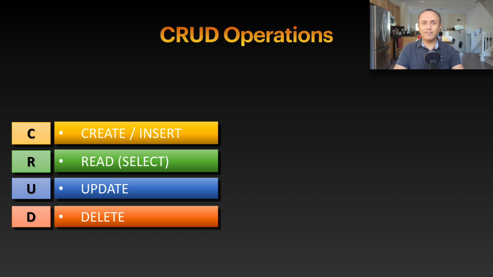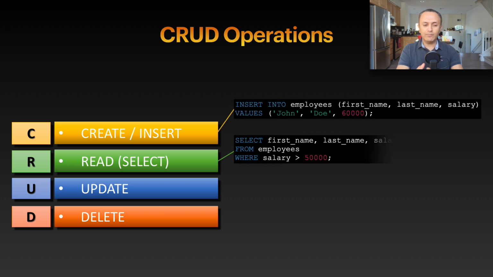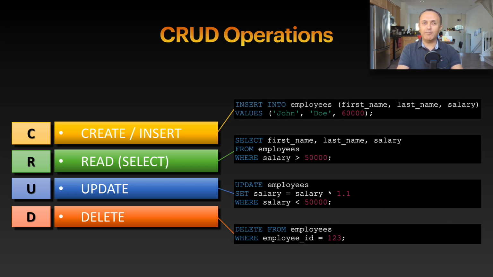Reading, where you retrieve the data. Update, where you change the data, and delete, where you destroy data. These are the four potential operations in any data management system. In SQL, those are mapped to insert statements, select statements, update statements, and delete statements.